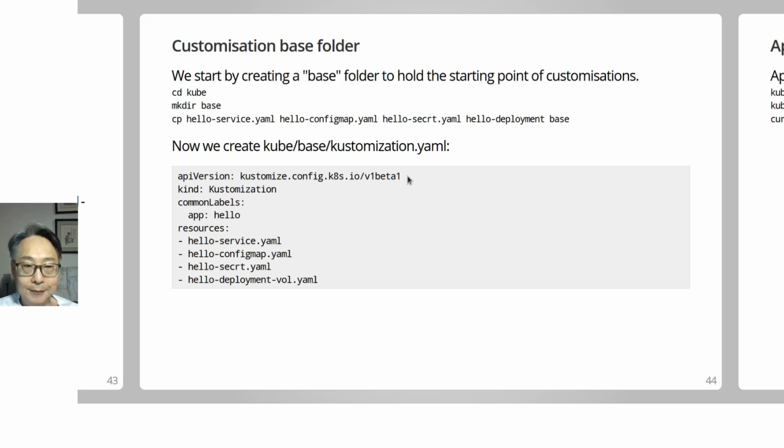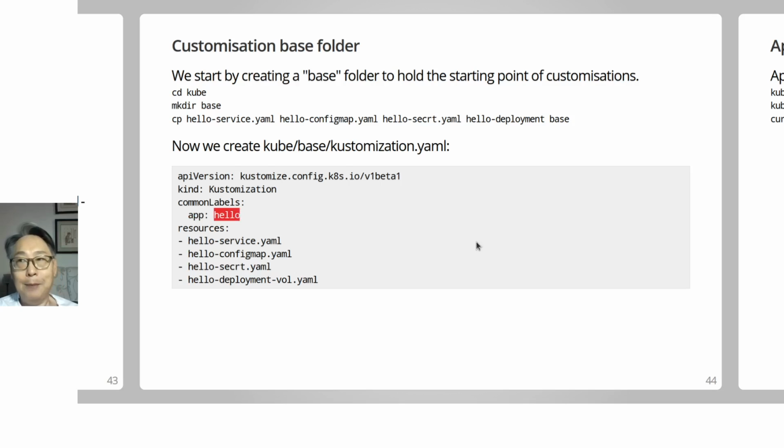API version. It's a kustomization. Here is where it's different. This declaration says, anytime you see a label called app, I want you to overwrite it and call it hello.